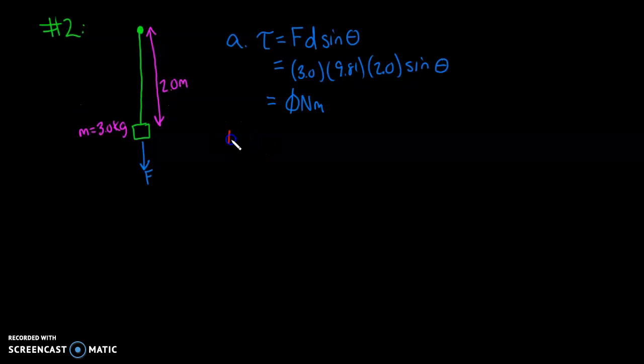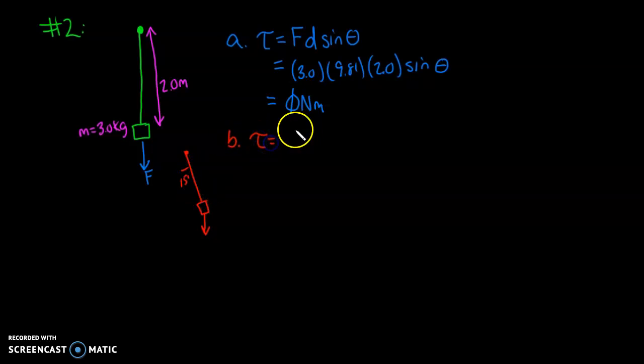Now for B, it says for an angle of 15 degrees. So what we're going to change is our angle will now be at 15 degrees. And we're still going to have our force, and we're going to have our distance, but they're not in line any longer.